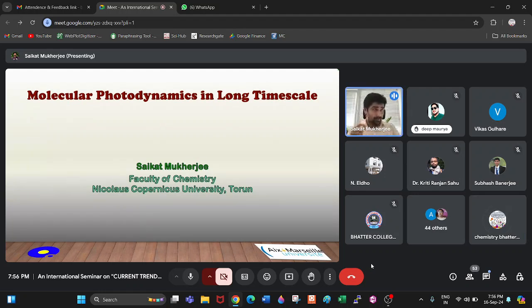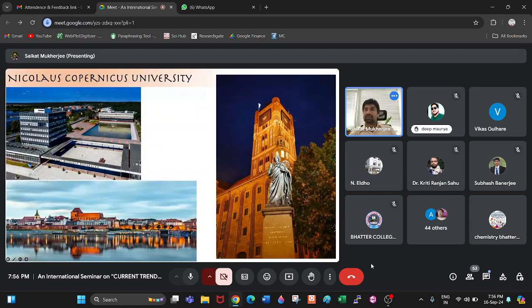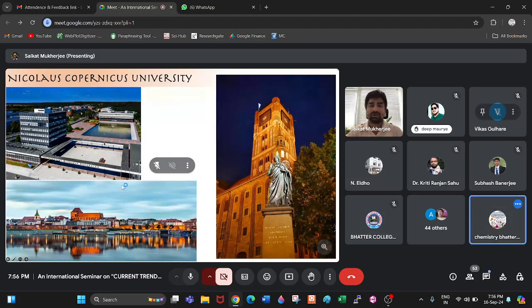Okay, so yes, I am from Nicolaus Copernicus University. It is in a small city called Torun, in Poland. Can you see my pointer? Yes. Okay. So this is our university, basically in Torun.